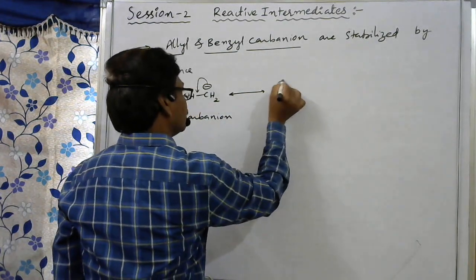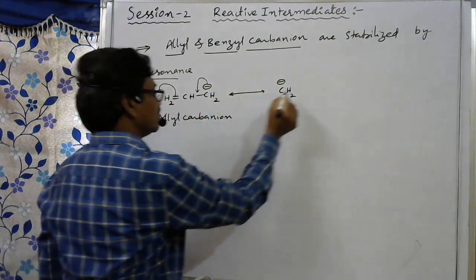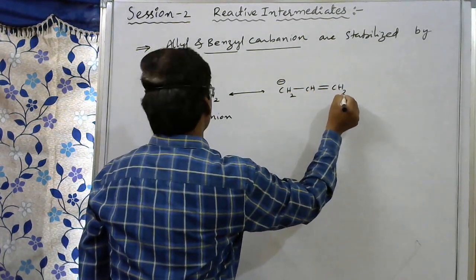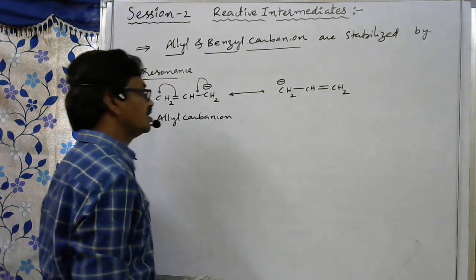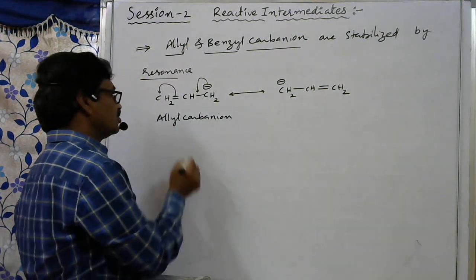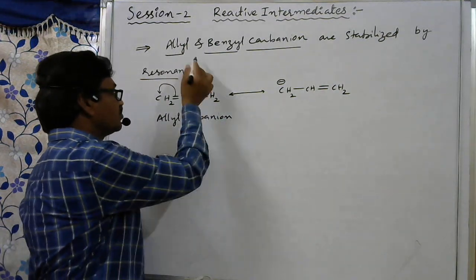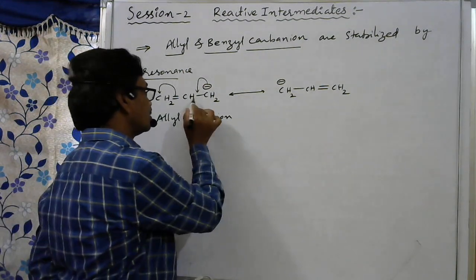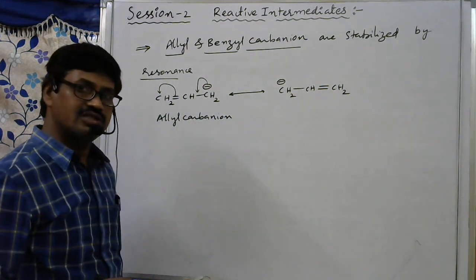On this carbon now we get the negative charge, then CH, here the double bond, then CH2. These two are resonance forms for allyl. Because of resonance, this allyl carbanion is more and more stable.